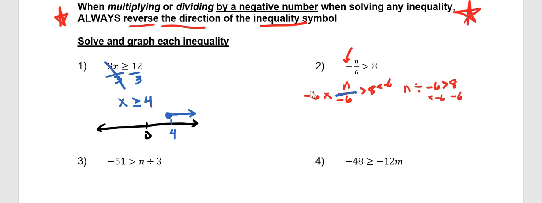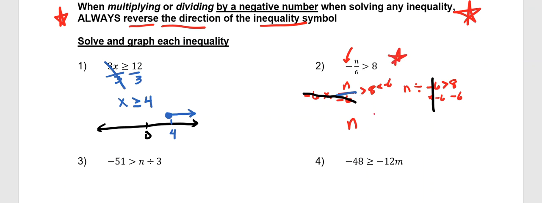What that causes to happen, of course, is that the negative 6's cancel, or in the case of writing it horizontally, the negative 6's cancel, and I get n, no longer n is greater than, because we just flipped. So here's the type of problem where we have to use our rule.